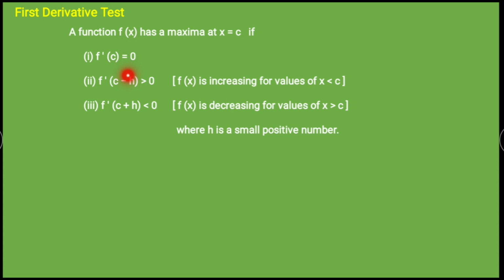That means if these three conditions are satisfied, then we say the function f(x) has maxima at x equals c. The first condition: the derivative of the function at x equals c is 0, and for the lower limit f'(c minus h) greater than 0, and for the upper limit f'(c plus h) less than 0.